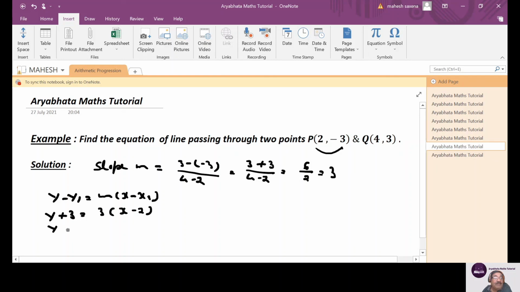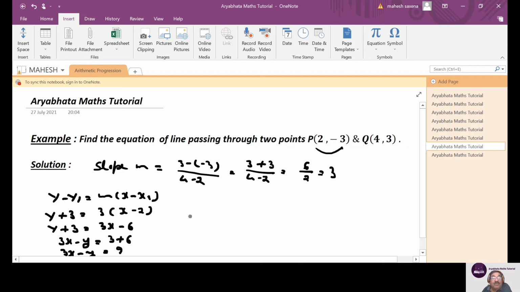Therefore, y plus 3 is equal to 3x minus 6. Therefore, the equation is 3x minus y is equal to 3 plus 6. That is 3x minus y is equal to 9.